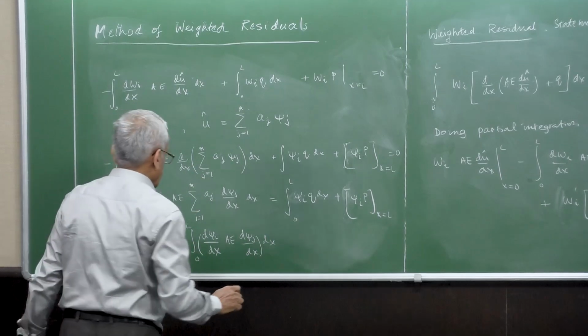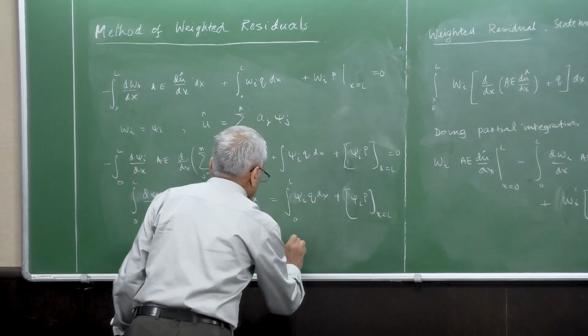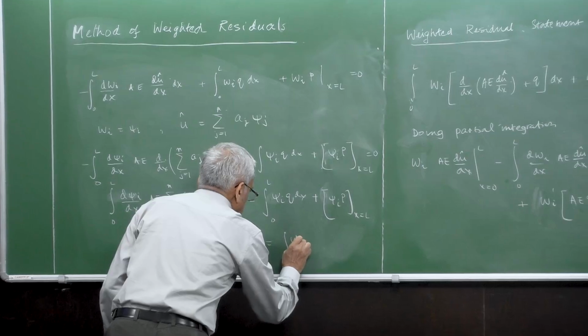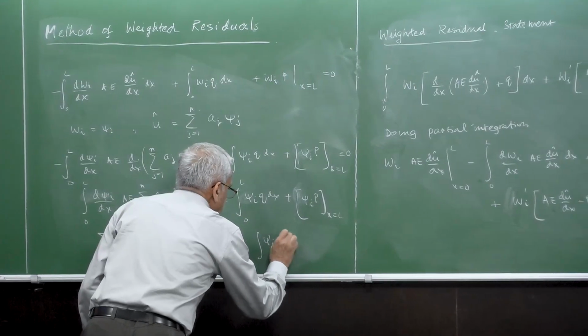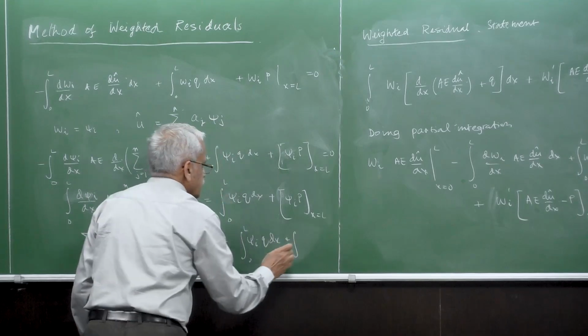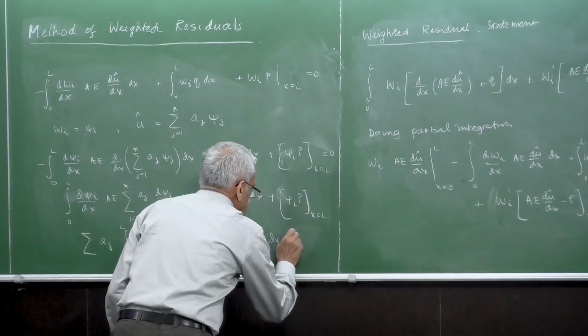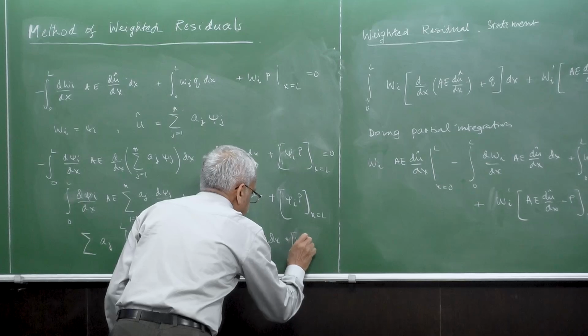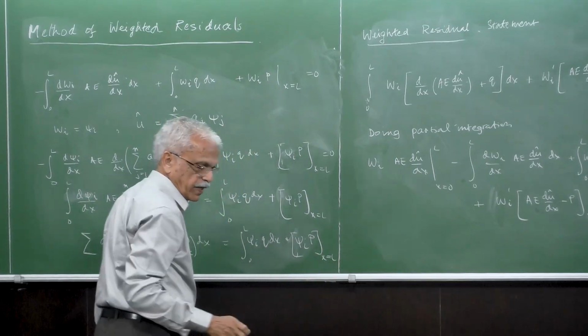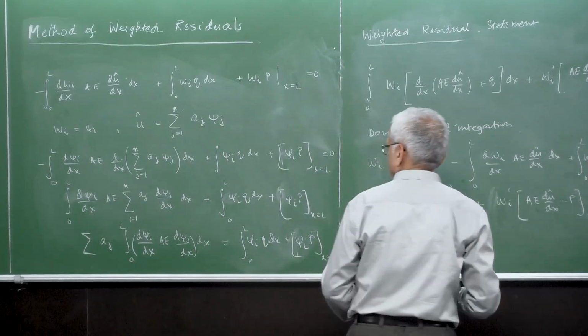This is this part, and on this side we have the same thing. We continue to be, okay. So this is the final algebraic equation.